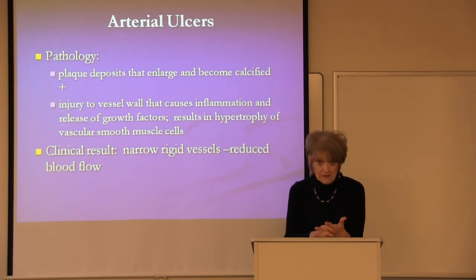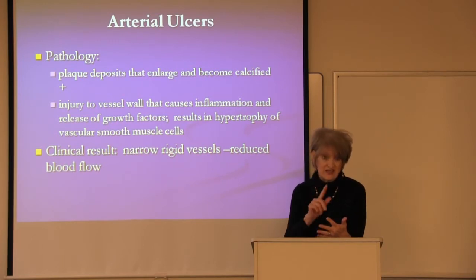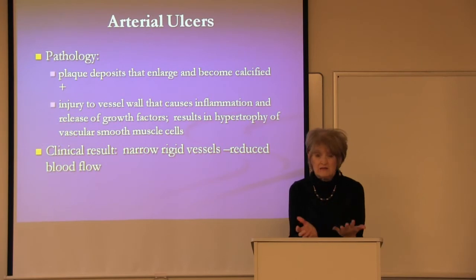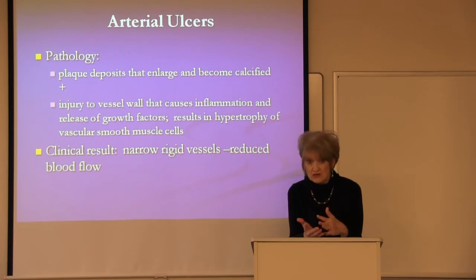At the same time, those high levels of circulating lipids and nicotine byproducts in patients who smoke cause damage to the endothelial lining. Injury causes inflammation and release of growth factors. Growth factors cause overproduction of the smooth muscle cells in the vessel wall.